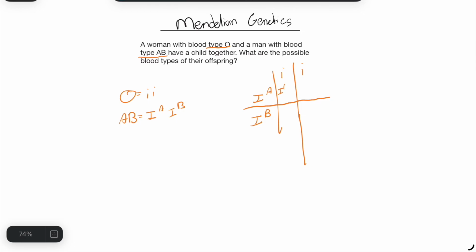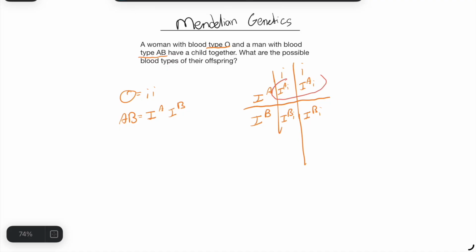We will either have capital I^A lowercase i, the exact same thing again, and then the exact same thing but with B. So capital I^B lowercase i, and then the identical combination again. So let's see what our total combinations will be.